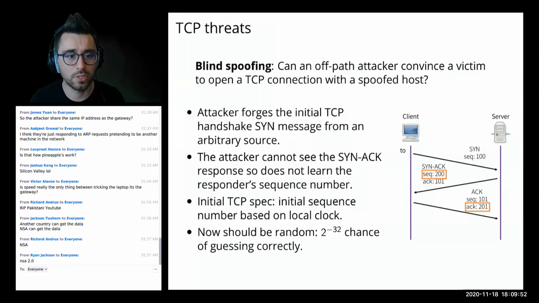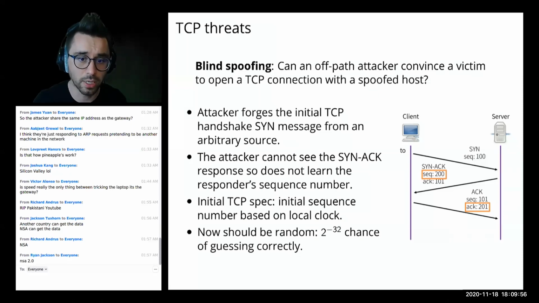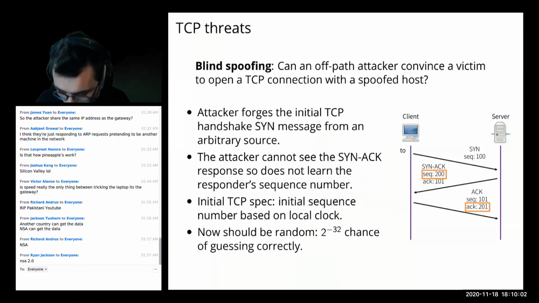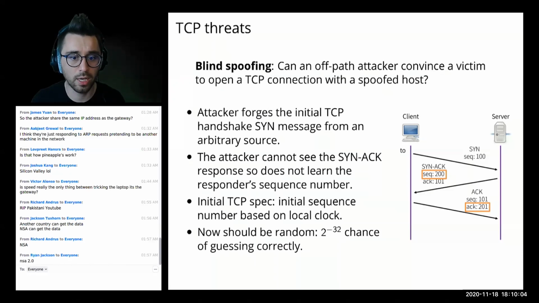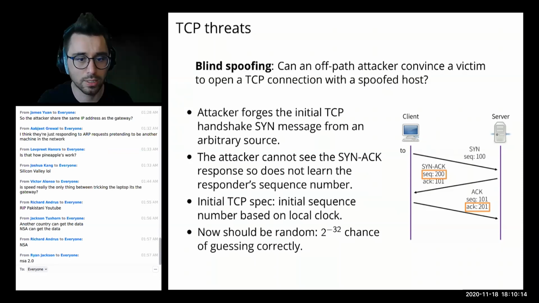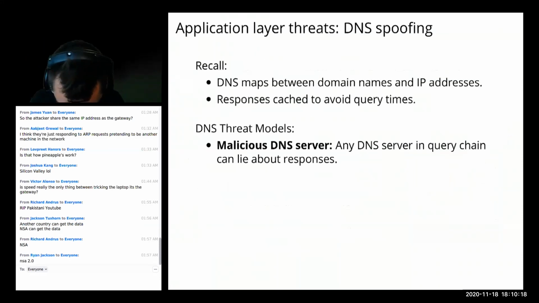As long as the source is a good source of randomness, the chance of us guessing the right sequence number is pretty low. It's 2 to the negative 32, so that's like 1 in 4 billion. To actually guess correctly takes a little bit less than that, but it's still really hard to get these sequence numbers.